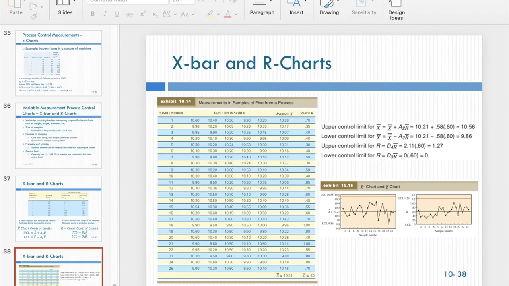In the R chart, every dot here represents your range. That's why the first one is 0.7. You see, the first dot showing here corresponds to 0.7. Then you plot that out, and you can see that for the X bar chart, it's kind of normal, but it also shows some pattern.